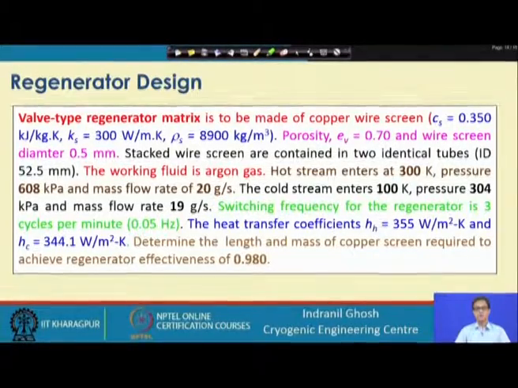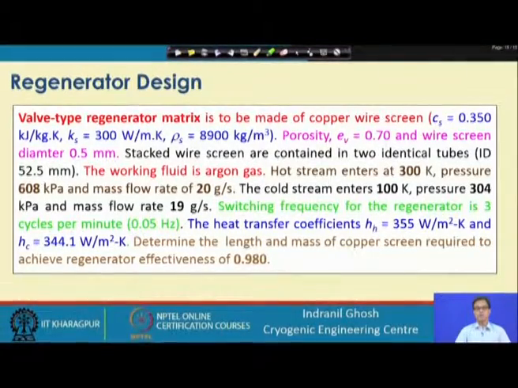The cold stream is entering at a temperature of 100 Kelvin at a reduced pressure of 304 kilopascal, but its flow rate is not equal to the hot flow rate; it is reduced slightly to 19 gram per second.